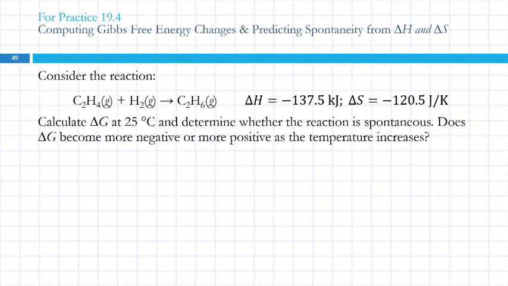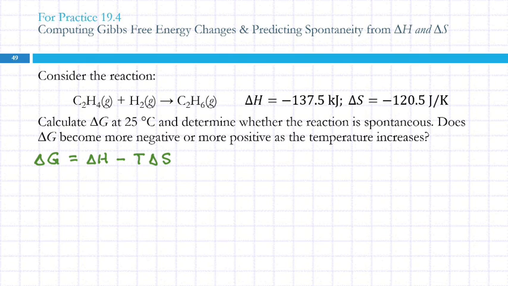So this is asking us to calculate delta G at 25 degrees Celsius and determine whether the reaction is spontaneous. This is a sort of calculation that you might find on an exam question. Delta G is delta H minus T delta S. So they're giving us delta H, they're giving us delta S. We could look at this and say, oh, it's going from 2 moles of gas to 1.